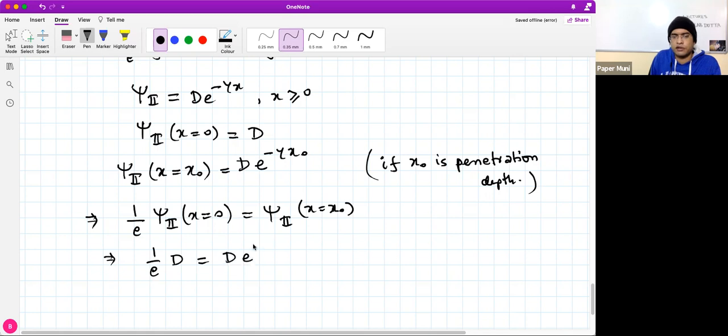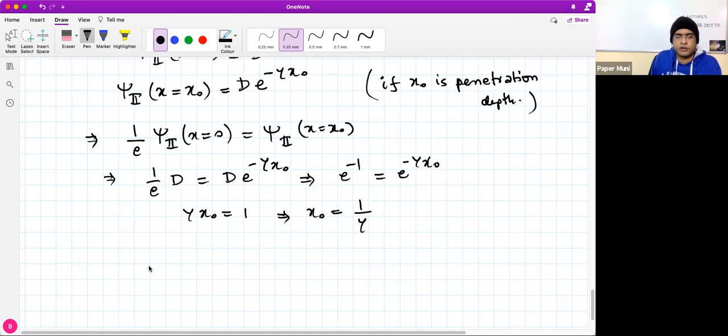If we write down the forms of the wave function at respective values of x, d cancels out on both sides, so we have e to the power inverse, which is e to the minus gamma x naught. This e is the Euler number. Comparing, we can write gamma x naught is equal to 1, which implies that x naught is equal to 1 by gamma.